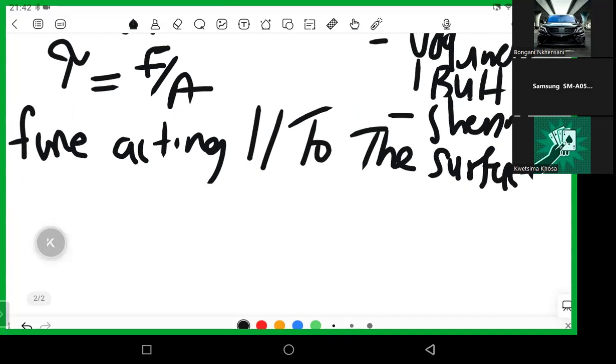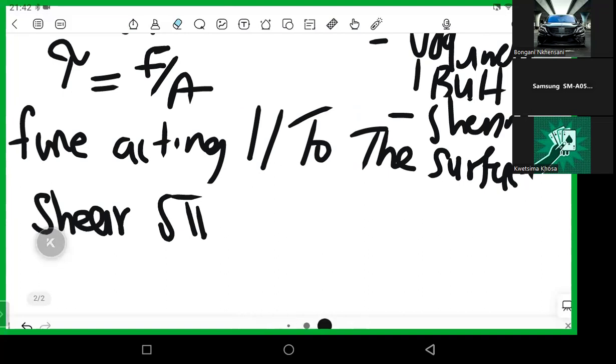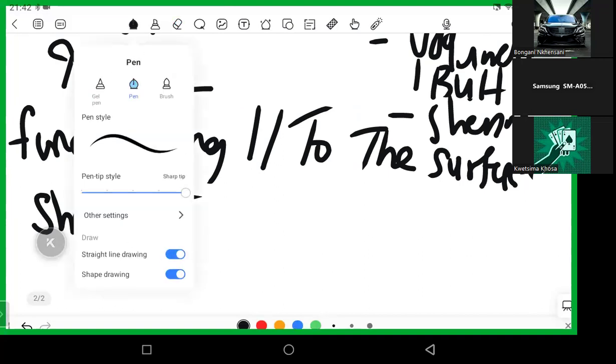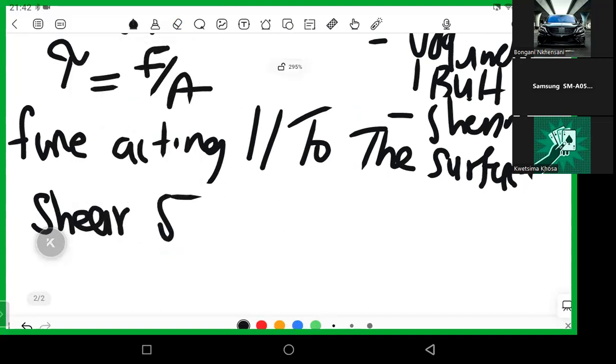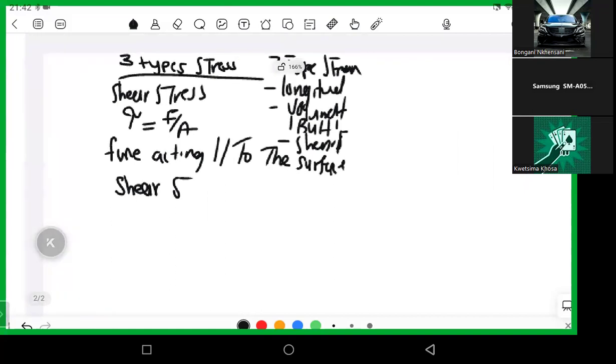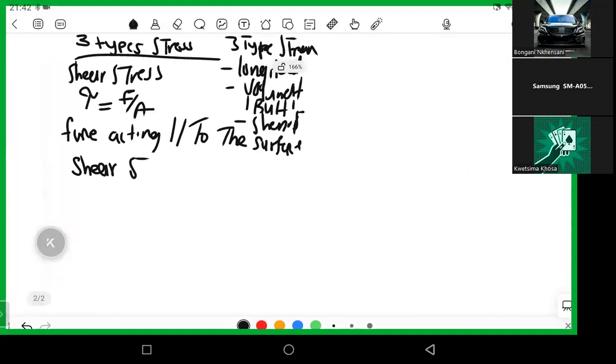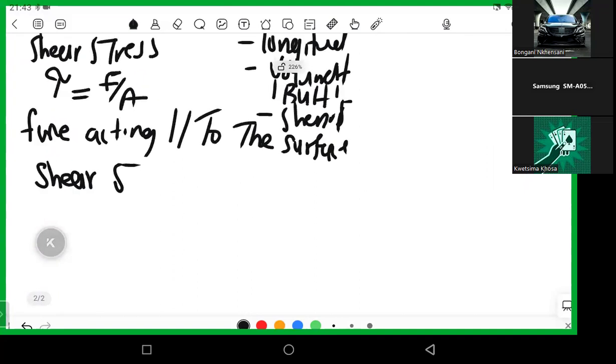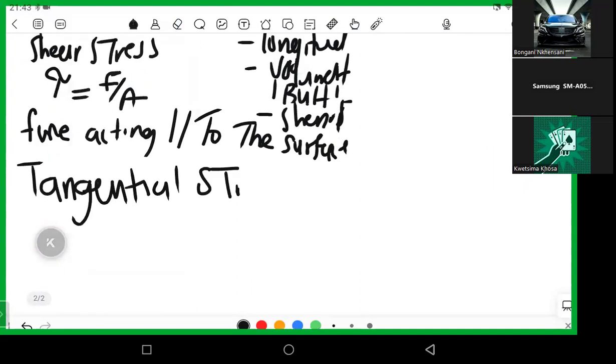So let me write the formula as well. I already wrote shear stress. Now I've got tangential stress.